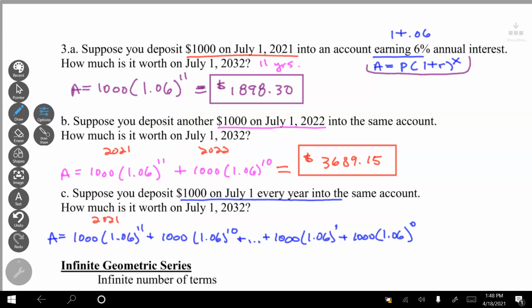So this is 2021, this is 2022's deposit, this is 2031's deposit, and this is 2032, in other words, that year.